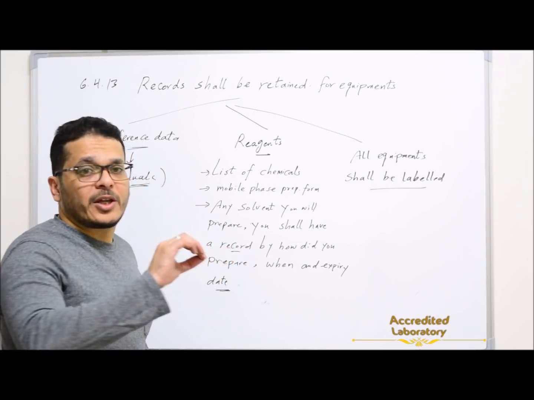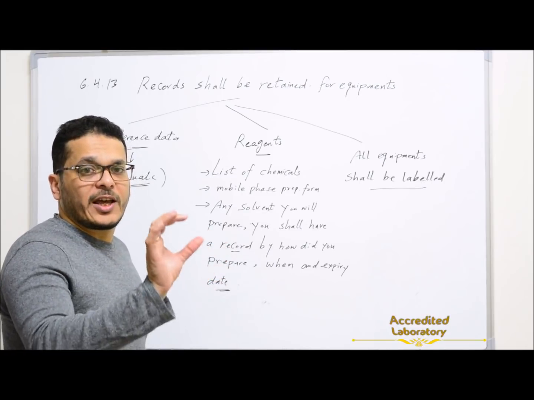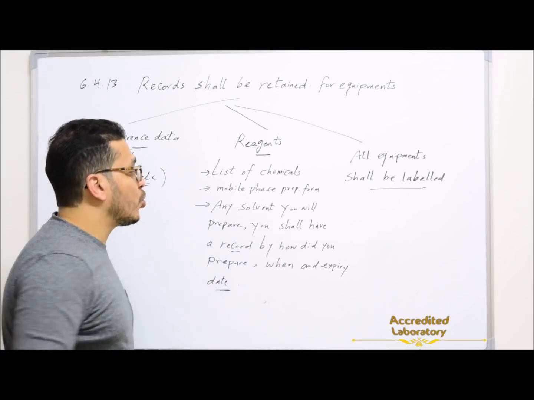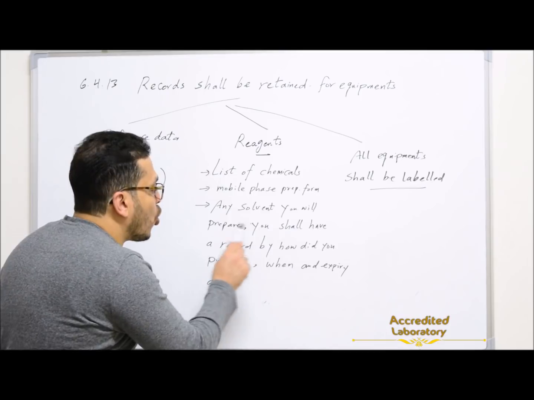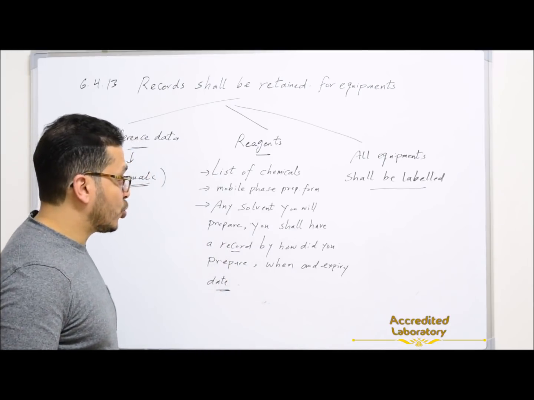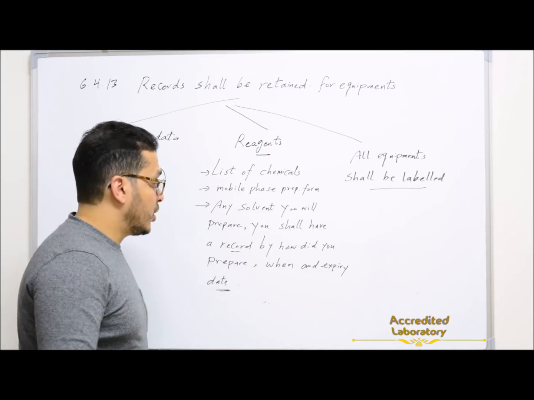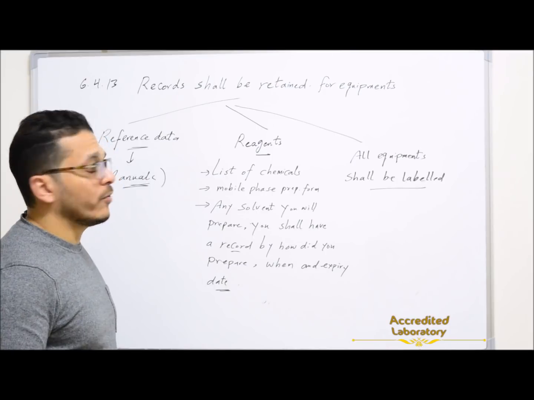Whenever you prepare your mobile phase, you will write which composition you prepared it from and when that mobile phase will expire. And any solvent you prepare inside your lab, you shall have a record for this prepared solvent: how you prepared it, when you prepared it, and also the expiry date for this solvent.